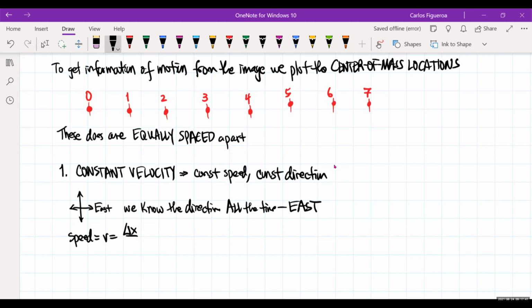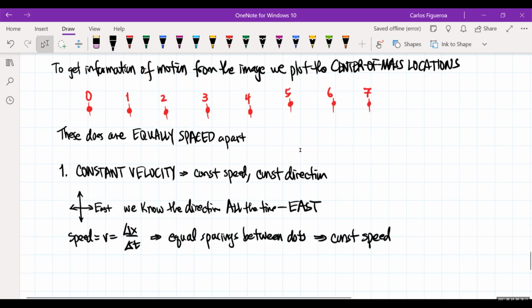It's distance divided by time. But if you look at those distances, they look like they're roughly equally spaced here. So we're seeing that we have equal spacings between dots. So that tells me here is that this is constant speed.